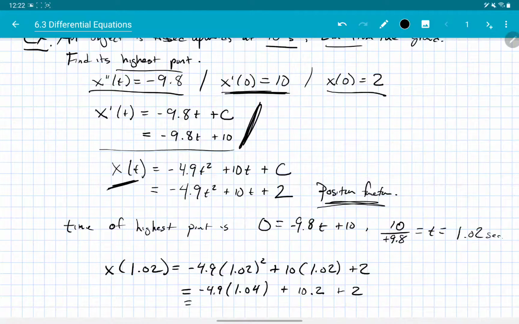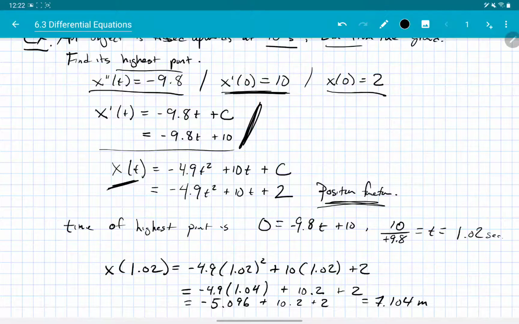So 1.04 times 4.9 is negative 5.096. We're going to add 10.2 and add 2, we get 7.1. So about 7 meters is the highest point that this object will achieve.